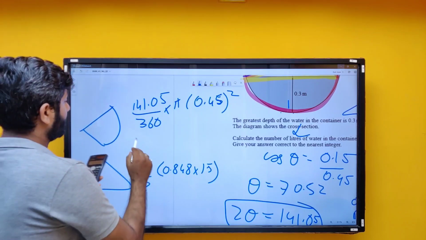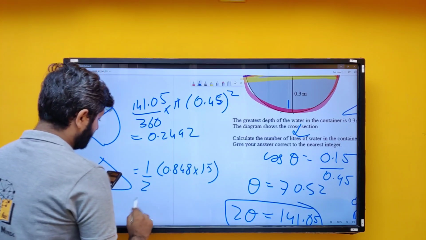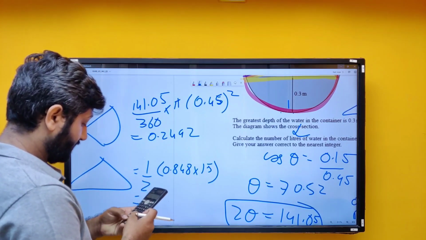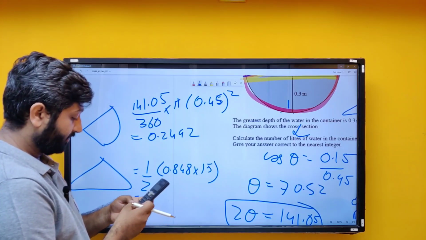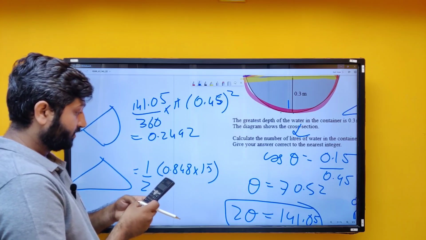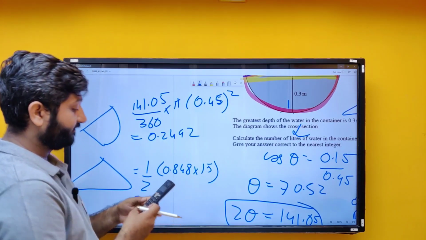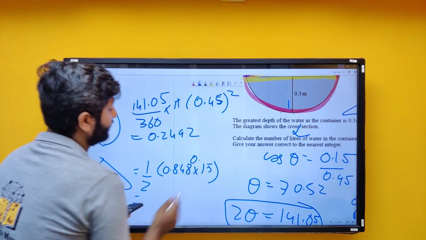This is 0.2492. And I'm finally subtracting the answer. So 0.5 into 0.848 into 0.15.